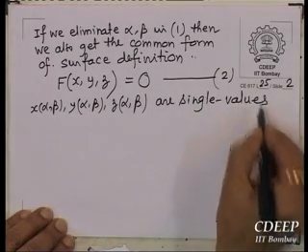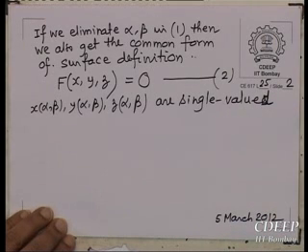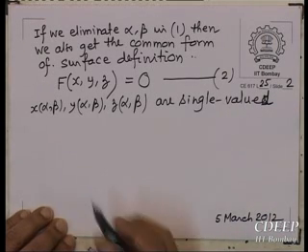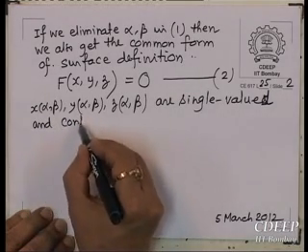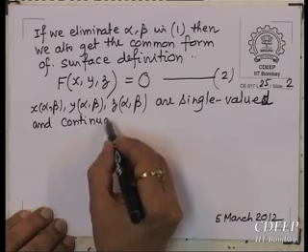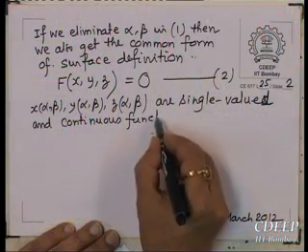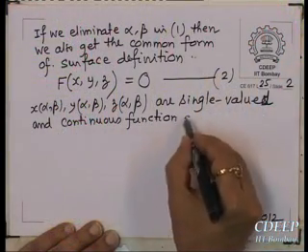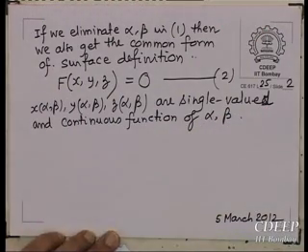They are not multiple valued, and continuous, because we cannot define a surface if it is discontinuous, so they are continuous functions of alpha and beta.